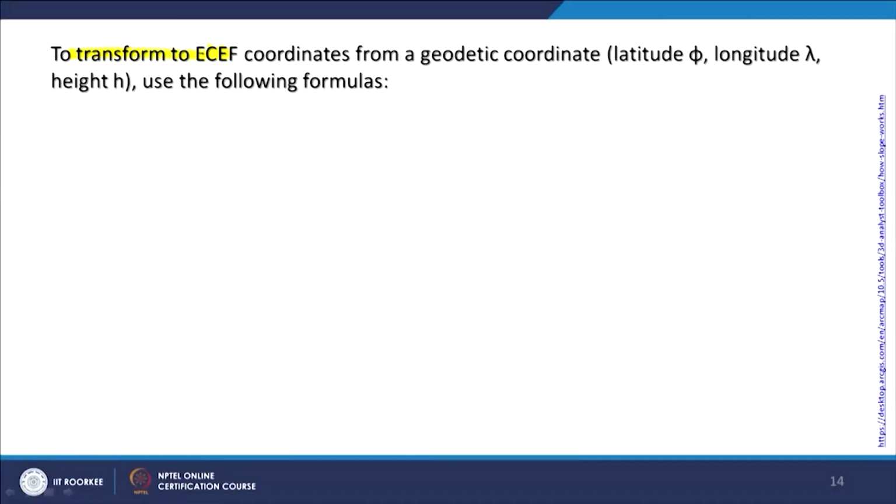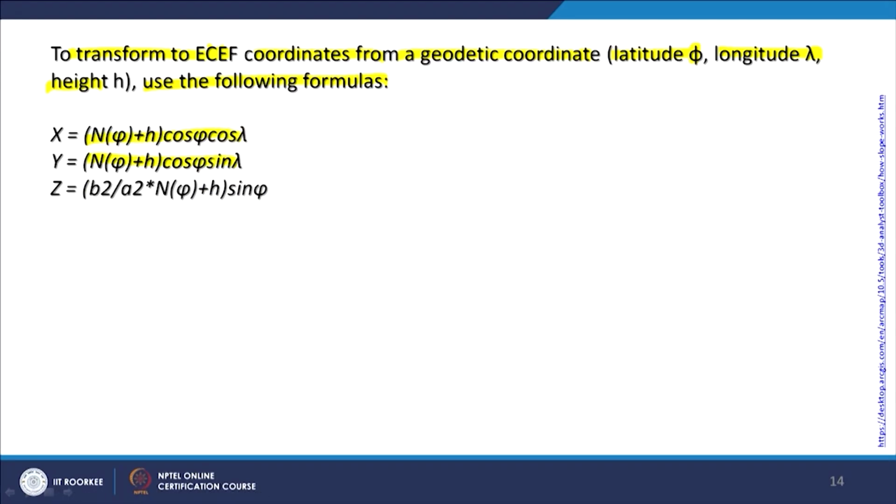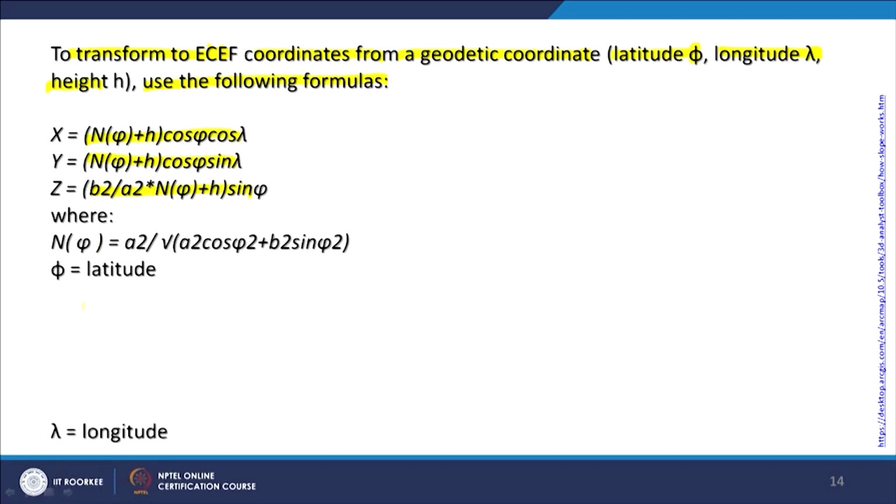So, to transform our ECEF coordinate system to a geodetic coordinate system, that is in terms of latitude, longitude and height, the following formulas can be employed: this for x, this for y, and of course this for z. There are further details for latitude, longitude and heights.